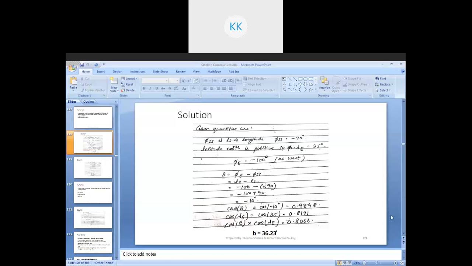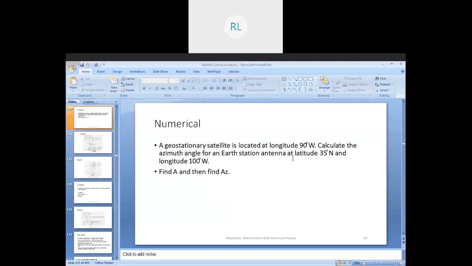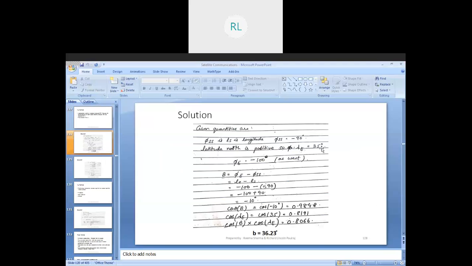So these are the quantities here. These are the values.